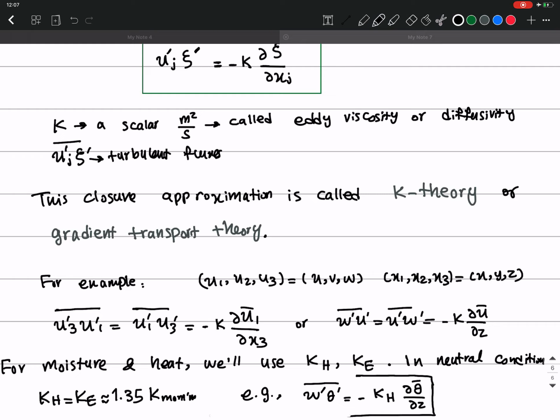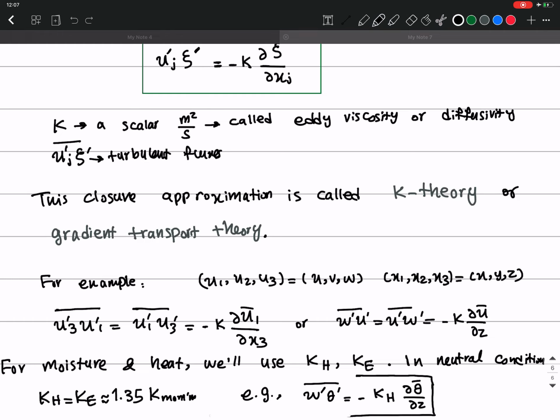It's not going to be called eddy viscosity anymore. It's thermal diffusivity now, because we have it for temperature. But again, we can use a similar closure for closing the temperature fluxes or moisture fluxes the same way.